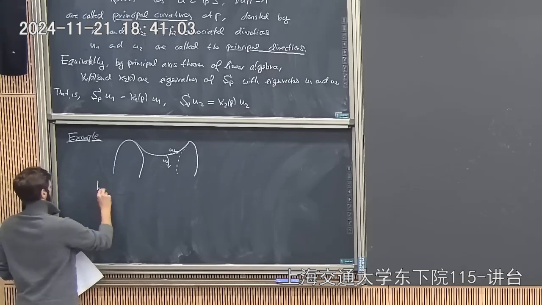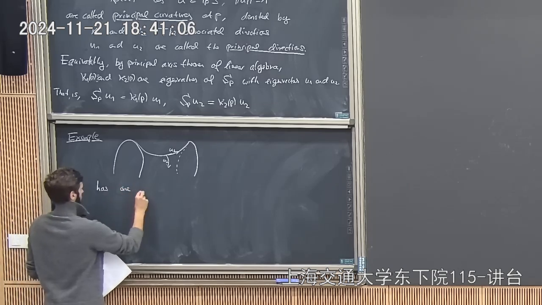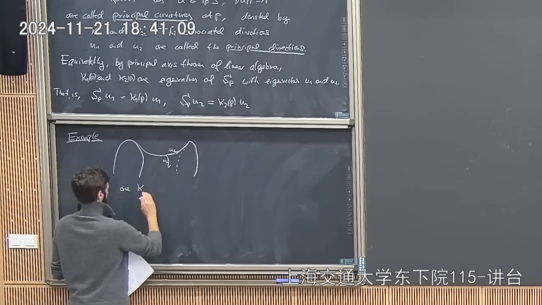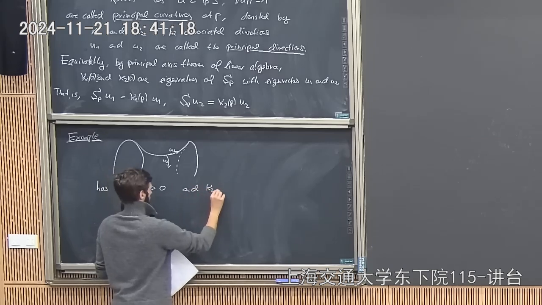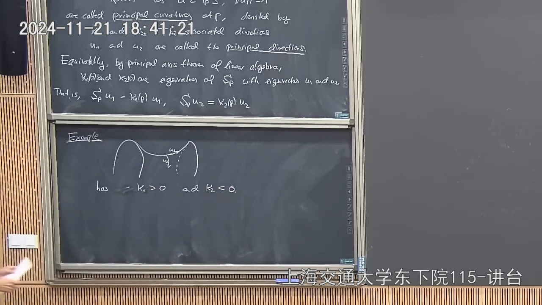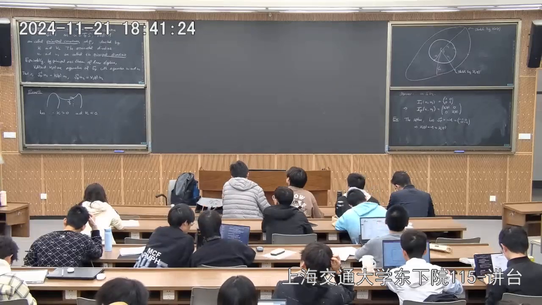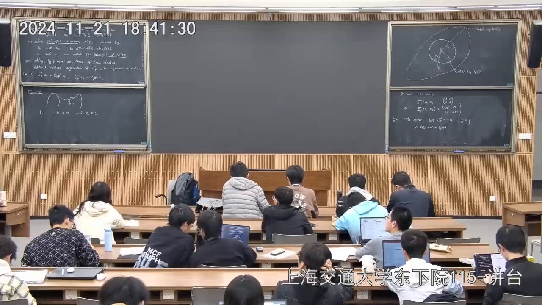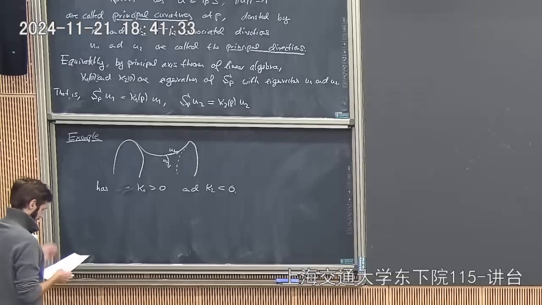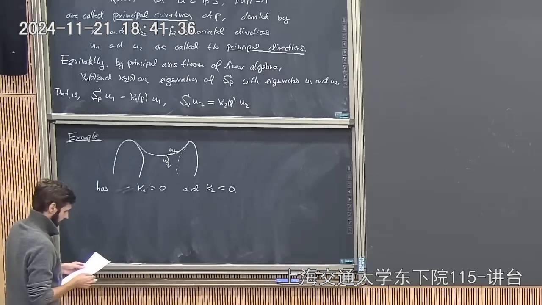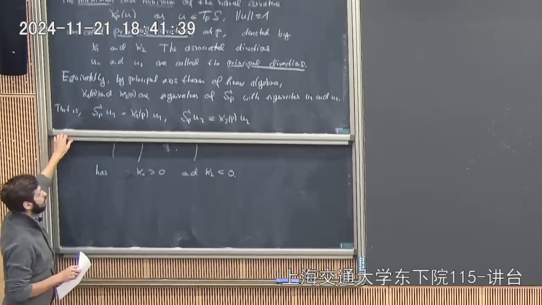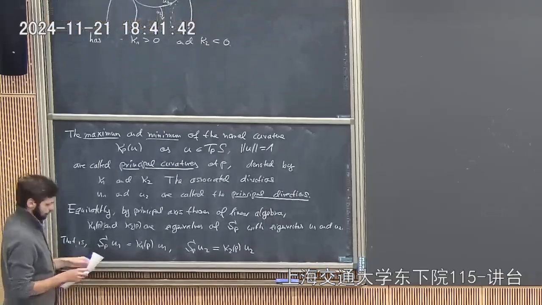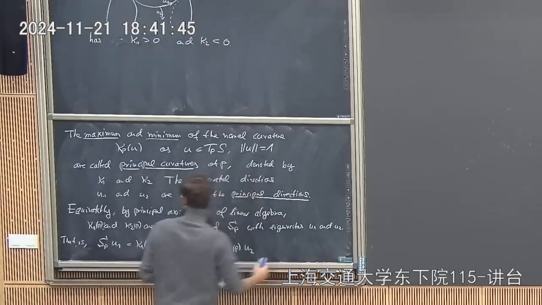So here has kappa 1, let's say, so that's an example where one of the curvatures is positive and the other one is negative. So much in terms of examples.